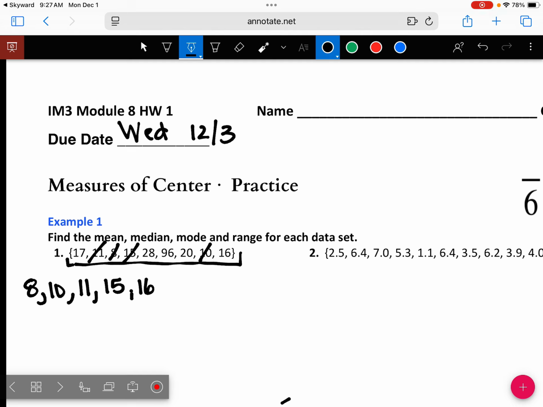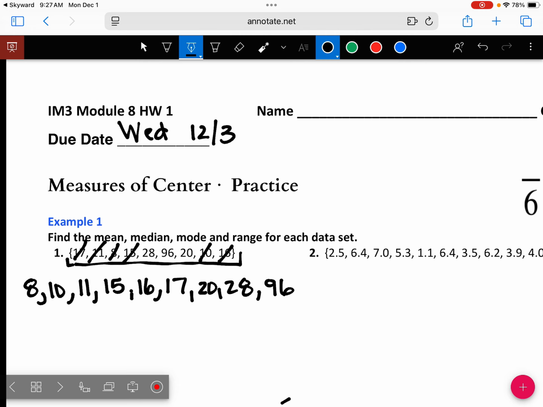After 15 is 16. 16 is 17. And then we jump up to 20, 28, and 96. All right, I like to go back and make sure that I didn't mess up. So let me count how many numbers we should have. We should have 1, 2, 3, 4, 5, 6, 7, 8, 9. So let's see, we got 9. 1, 2, 3, 4, 5, 6, 7, 8, 9.